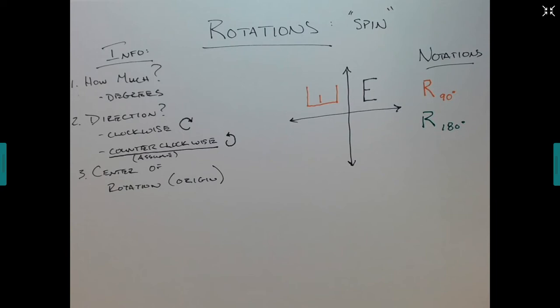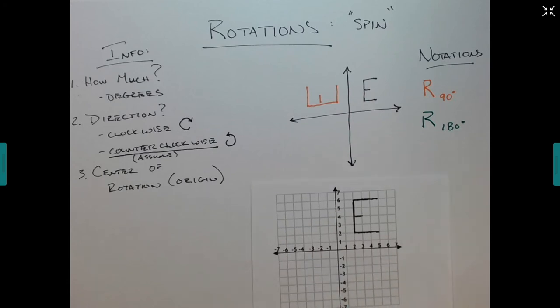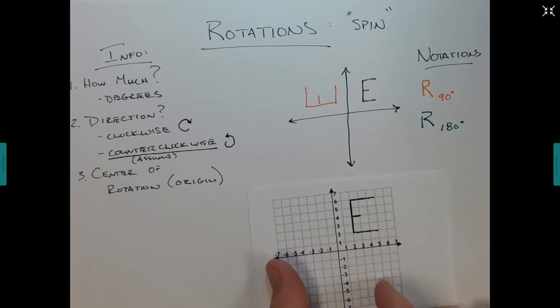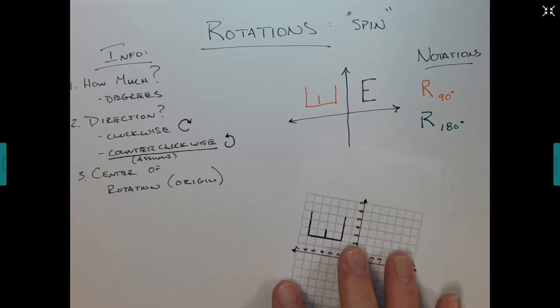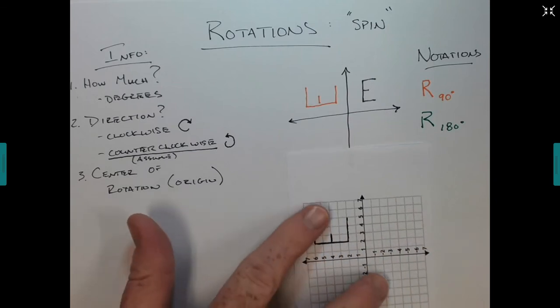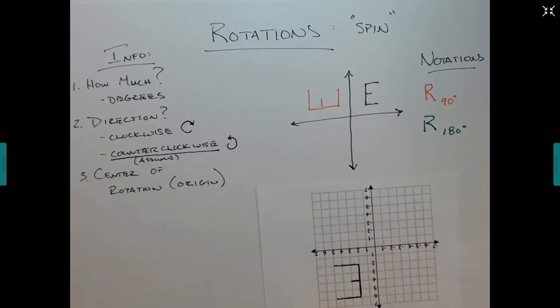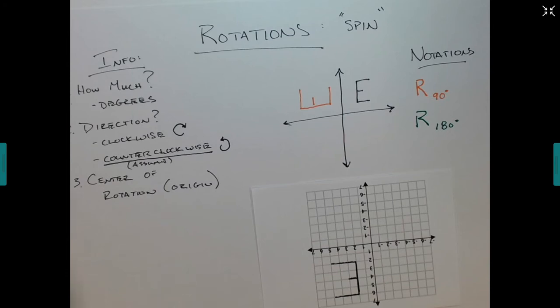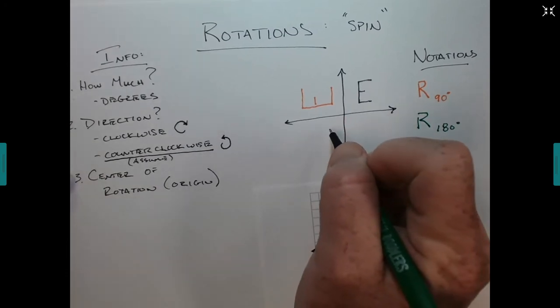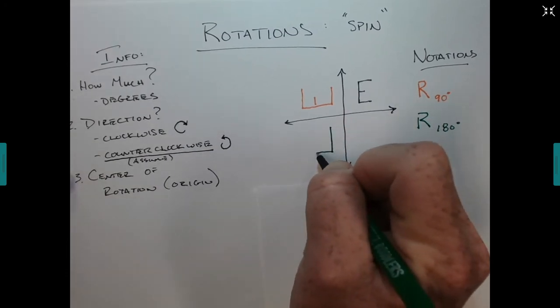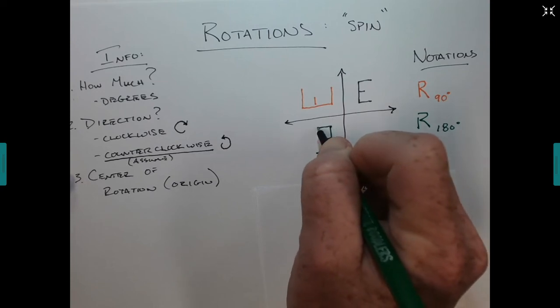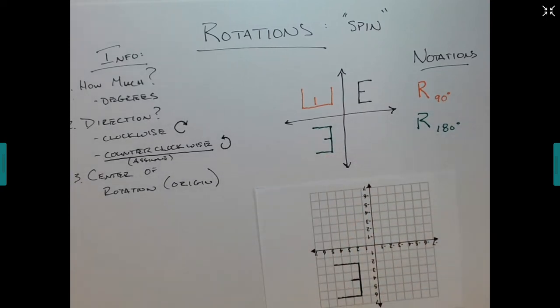Otherwise, here comes the answer. Again, if I wanted to physically rotate, there's 90, and here goes another 90. So I should end up in quadrant 3 down here, and my E is facing the other direction after that rotation.